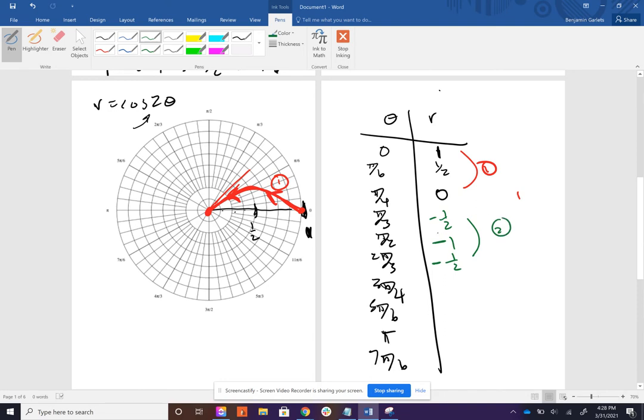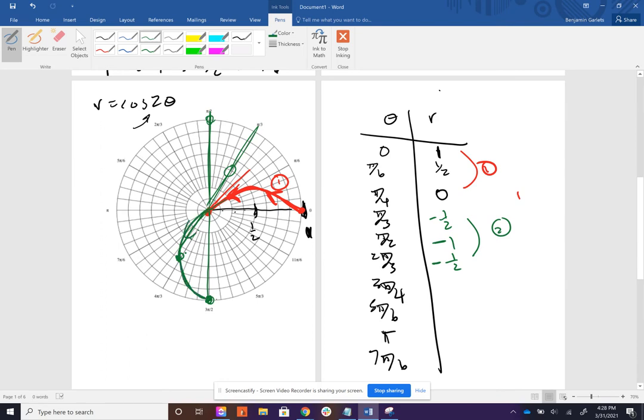Remember that when we have r values that are negative, so if I'm at pi over 3 here, if it's a negative 1/2, I would go here, but then I'm flipping it. So I'm going to go 1, 2, 3, 4. So I'm going like this. And then I have pi over 2, 1, but it's negative, so I'm flipping it, and I'm going right here.